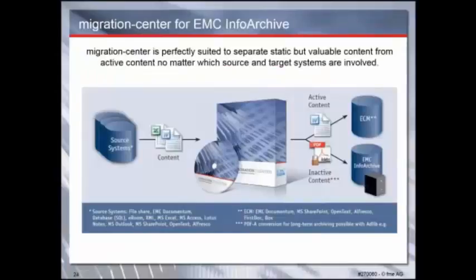Here's a little picture that describes, at a high level, what I just mentioned. We have a number of source systems supported where we're extracting content and metadata, the unstructured and semi-unstructured. The semi-unstructured would be the metadata associated with that content. We pull that into Migration Center and, as I said earlier, make the appropriate decisions. Is it active? For example, if a data set is frequently used or frequently changes, I would declare it active.